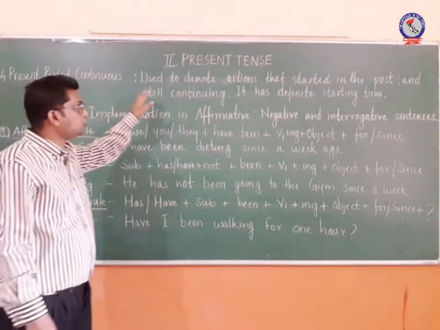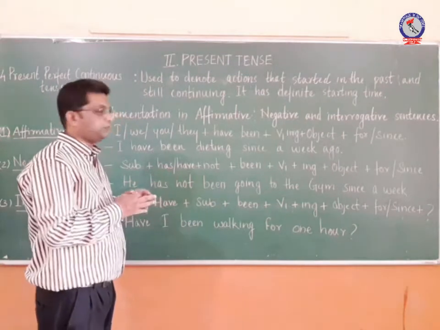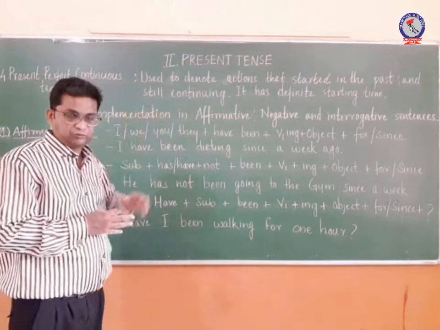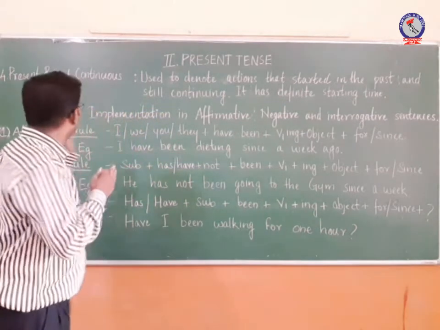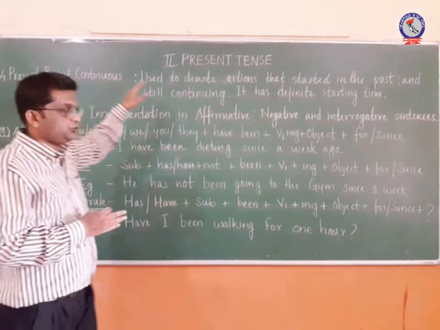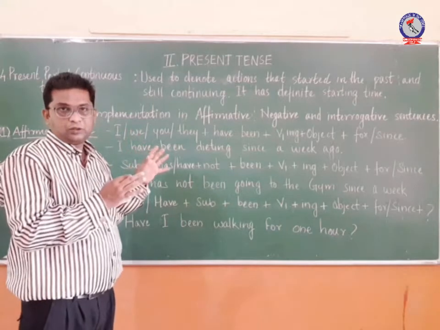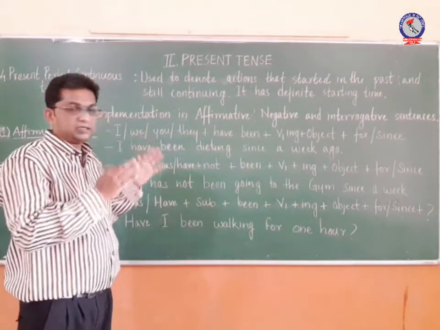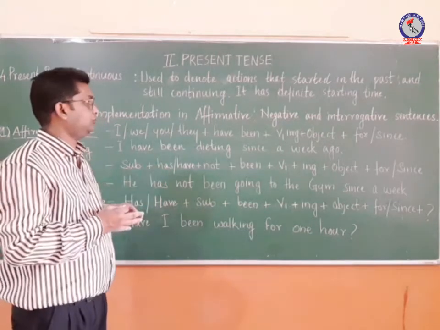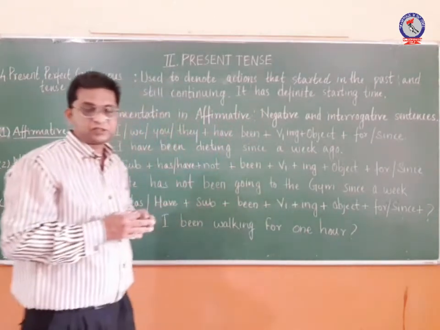The fourth type of present tense is the present perfect continuous tense. It is used to denote actions that started in the past and still continue. Present perfect continuous tense is used for those actions that started in the past and are still continuing. It has a definite time of starting.